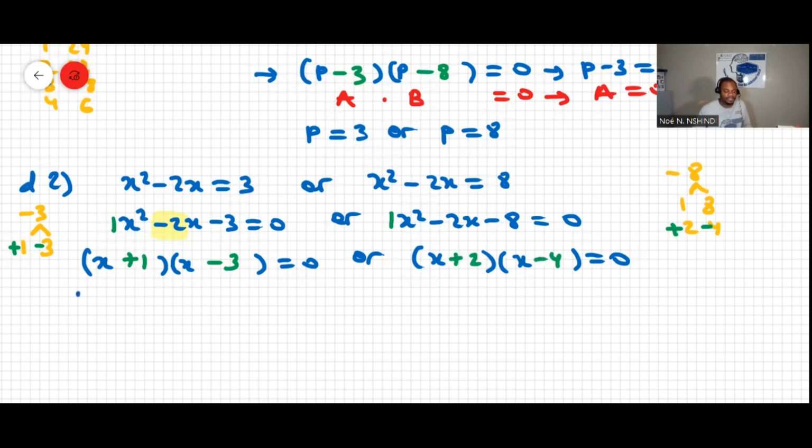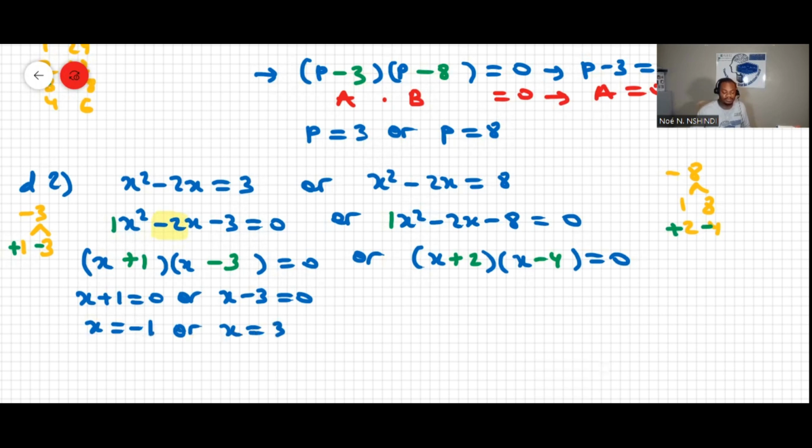Then over here, this means x plus 1 is 0, or x minus 3 is 0. So that means x is -1 or x is 3.